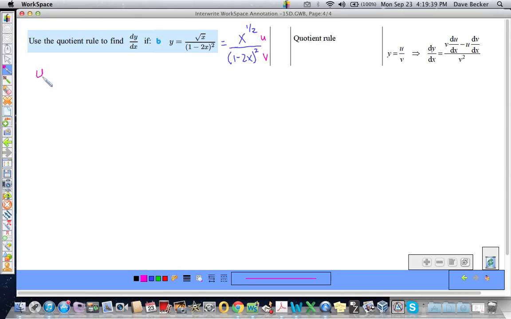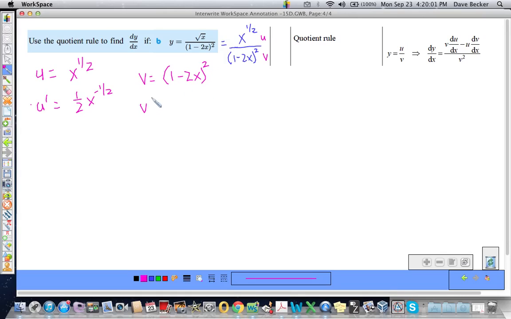So u equals x to the 1/2 power, and then du, or u prime I like to write, is equal to 1/2 x to the negative 1/2. And v equals (1 minus 2x) quantity squared.